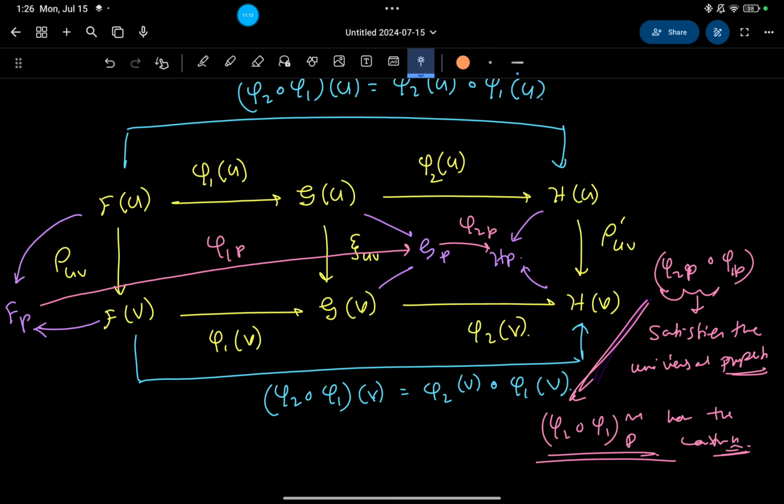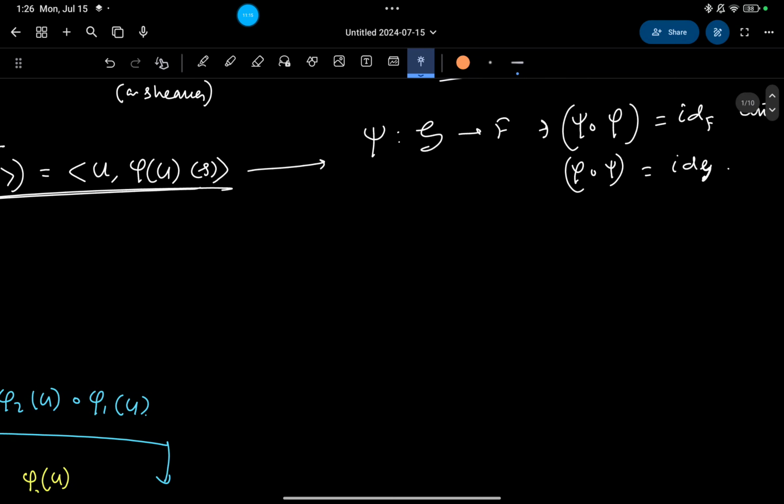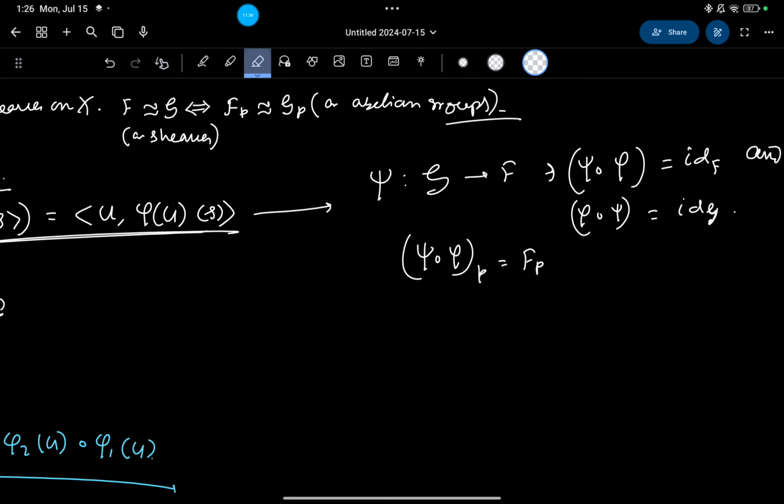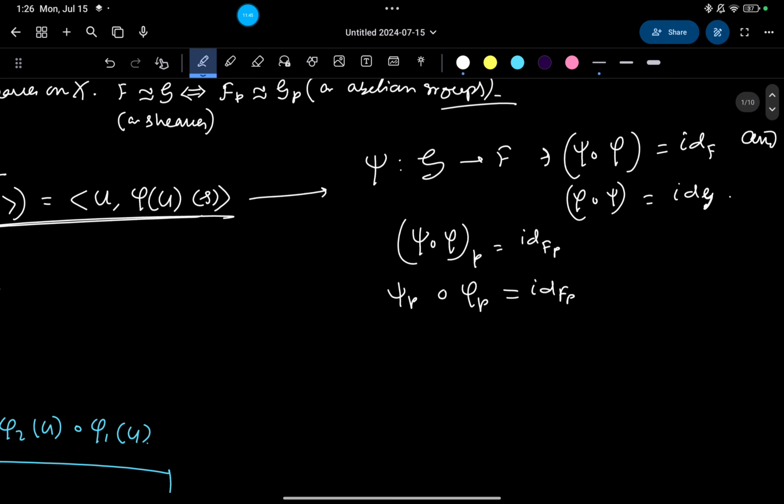Okay. So here I should get that psi p composed with phi p is nothing but the identity over fp. So psi p composed with phi p is identity over fp.